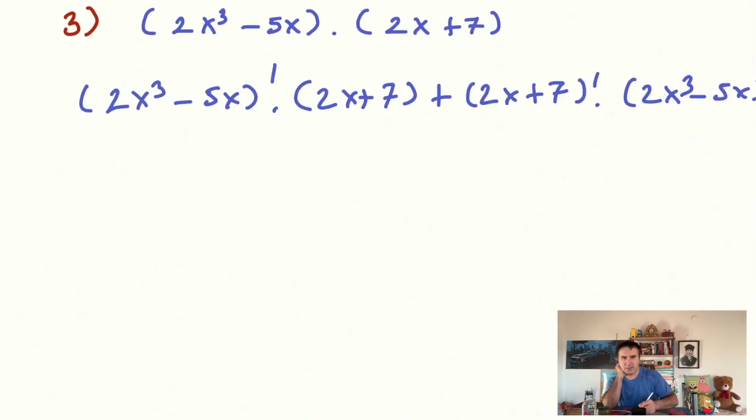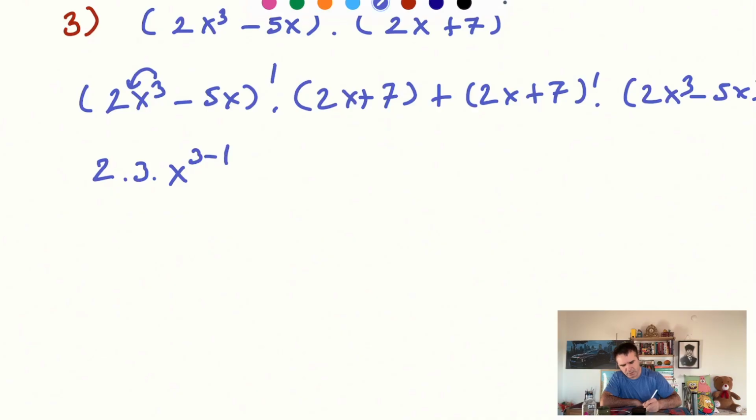Now, while taking the derivative, constants don't change how the derivative works. So we will not touch the constant here. 2 will stay here, and the exponent 3 will come as a coefficient: 3 times x to the 3 minus 1.